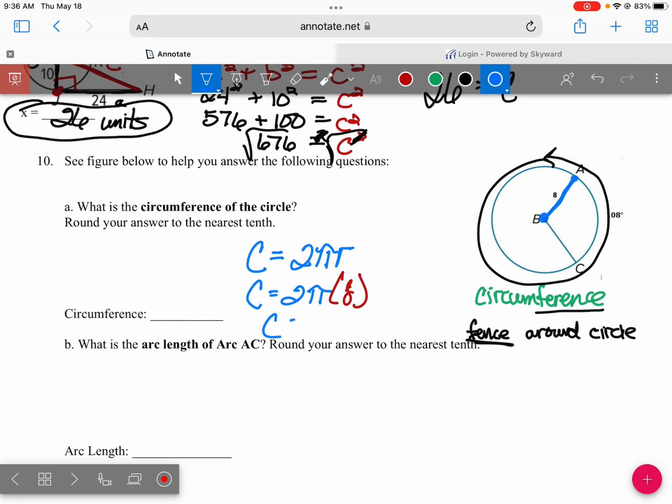And c is equal to, when you multiply 2 times pi times 8, bless you. What do we get?